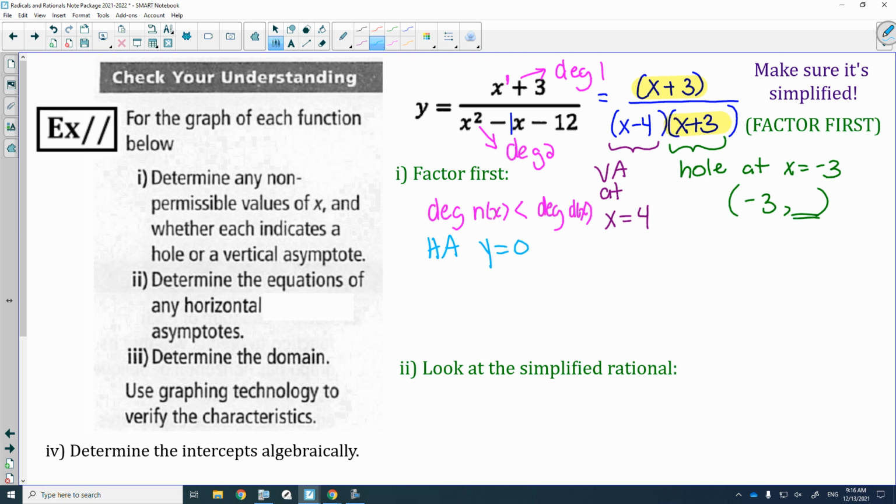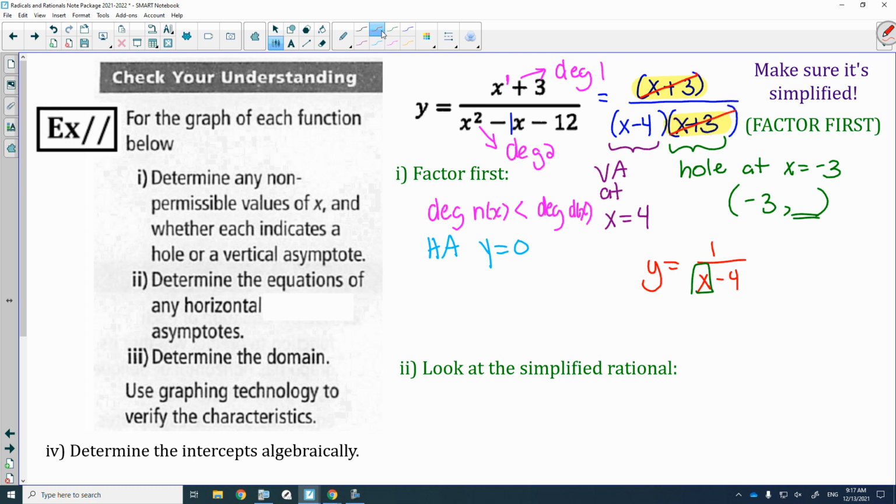Okay, after that, I need to find, so this is where some of you had trouble on the test. You got the y value on the hole wrong. So what you do, after you get all of the VAs, all of the HAs, and your hole, now we need the y coordinate of the hole. So you would simplify your rational function, and you would have y is equal to 1 over x minus 4. To get the y value of the hole, you need to input a negative 3 where you see x.